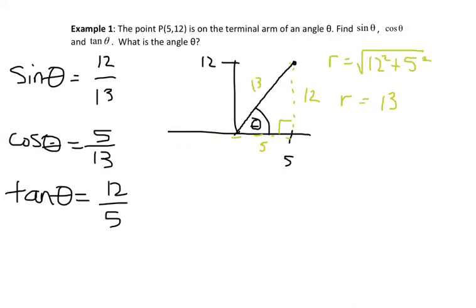So I've gone ahead and shown that. I could use any of them. For every single one, I get the same angle, 67.4. So theta is approximately 67.4 degrees. And here I should have specified degrees.